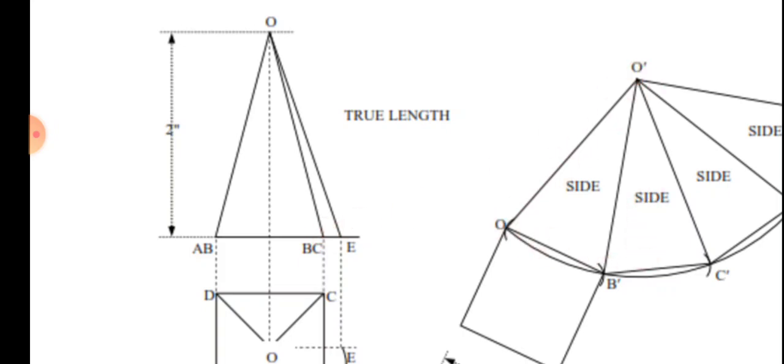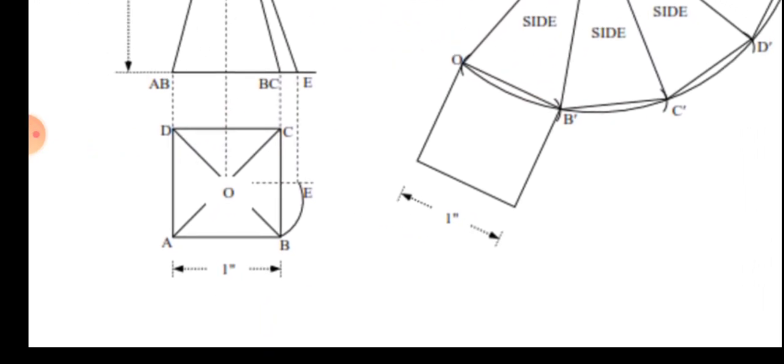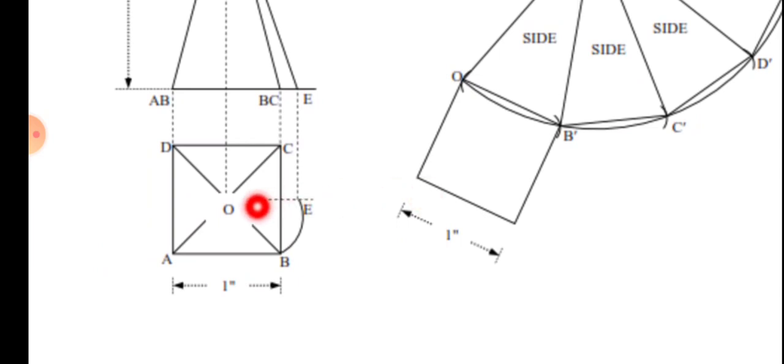But that will be wrong. Why? Because the line OB or OA are not parallel to VP. It has to be parallel to the XY line. They are inclined, isn't it? They are already inclined. If you can see here in the top view, this line is there, no?